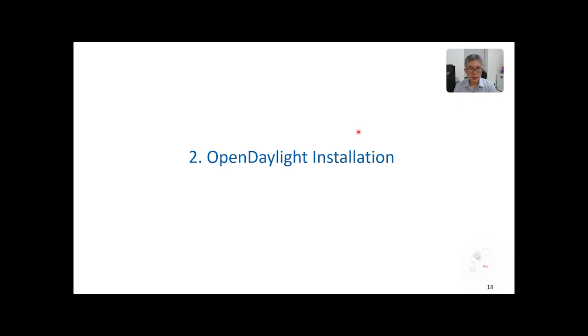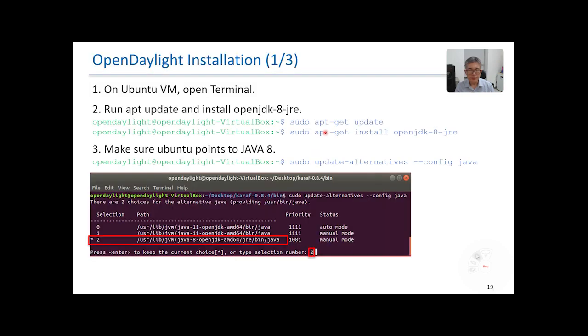The second section is about the OpenDaylight installation for the SDN controller. According to the steps, on the Ubuntu virtual machine, open a terminal, and then run apt update and install the JRE image.